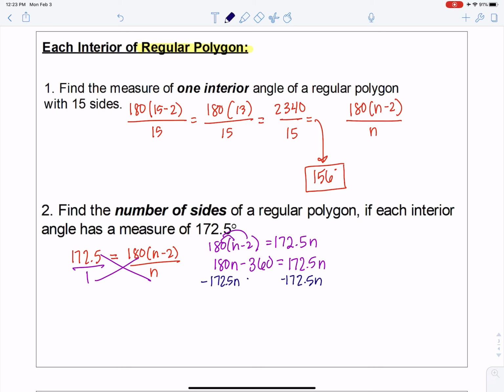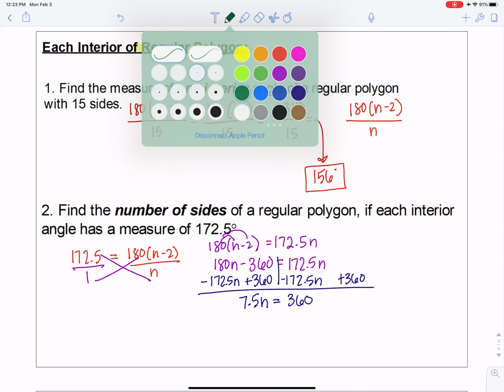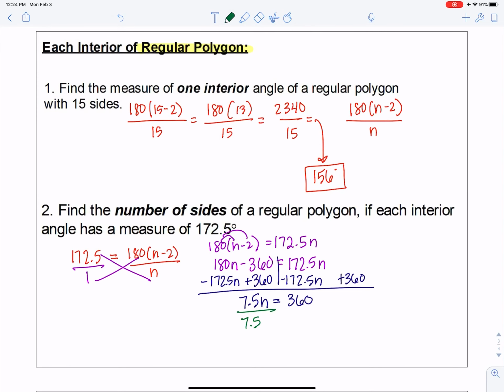And then I'm also going to move my 360 over so that it is positive on the other side. So when I subtract 180 minus 172.5, I get 7.5n. And then I have that positive 360 on that side. Now I'm going to divide by 7.5 on both sides. And I get n is equal to 48. So this would be a polygon with 48 sides.